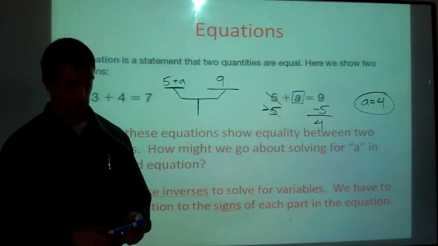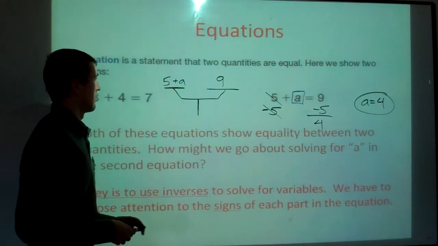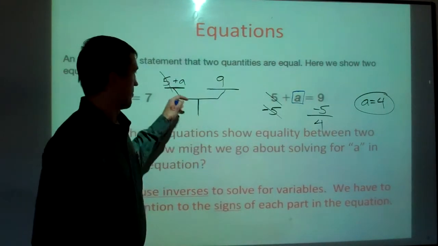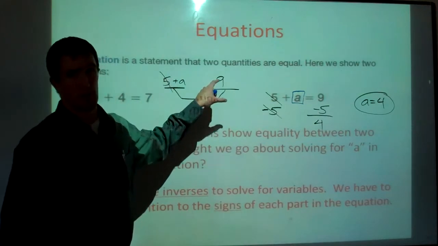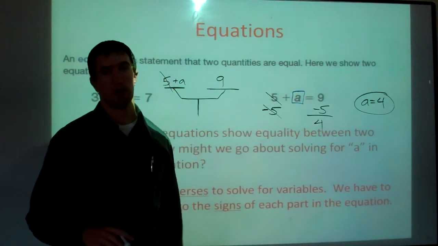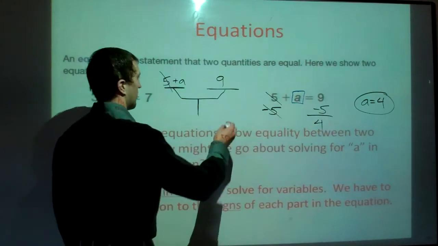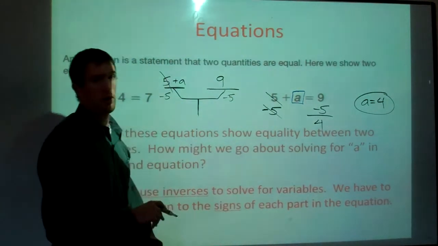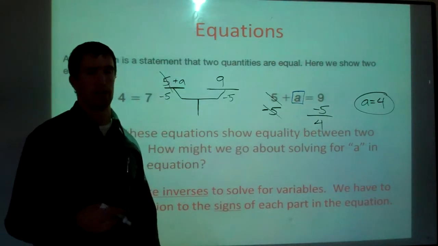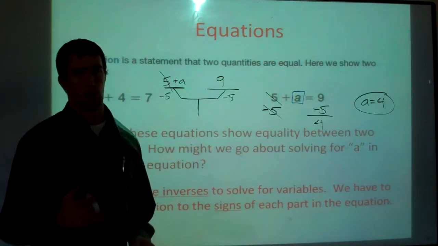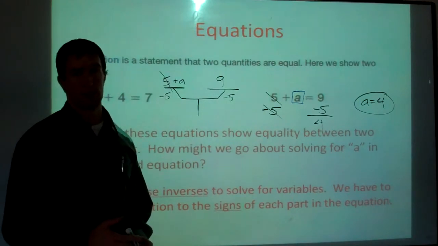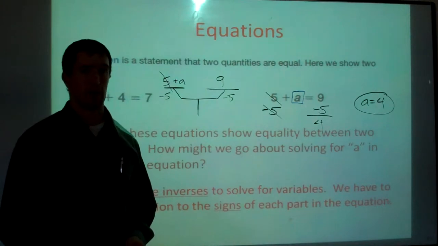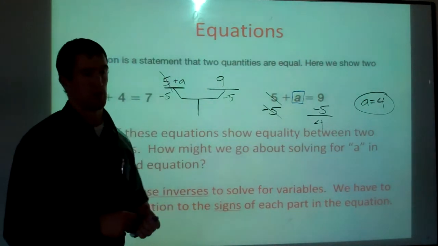If we're talking pounds here, if we take away 5 pounds from this side, we have to do the same thing over here, otherwise they're not going to be balanced anymore. So we also have to take away 5 here to keep them balanced. That's the whole idea behind it: if we do one thing to one side, we have to do it to the other side. If we don't, they're not equal anymore, and then we can't solve for our variable. So just keep that in mind.